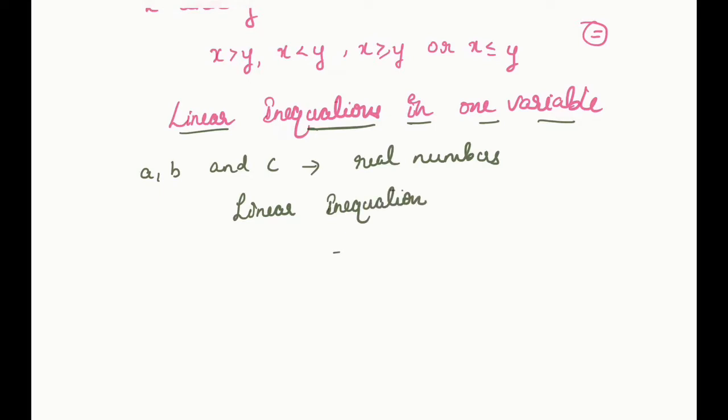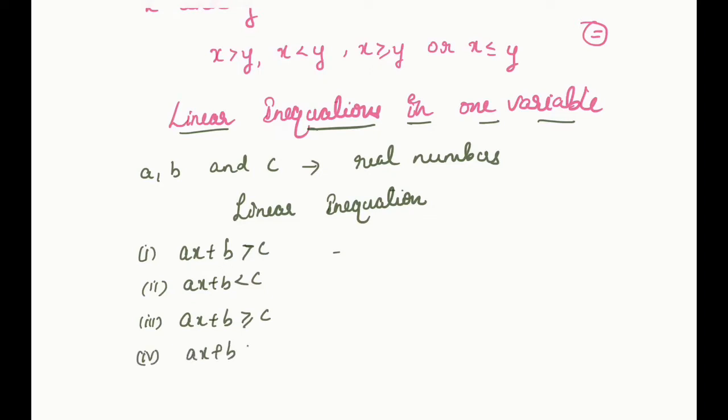That is, Ax plus B greater than C, or Ax plus B less than C, Ax plus B greater than or equal to C, Ax plus B less than or equal to C.